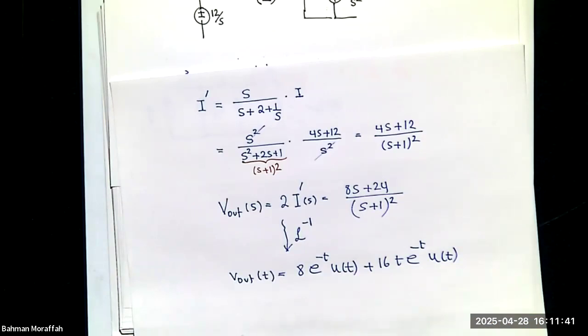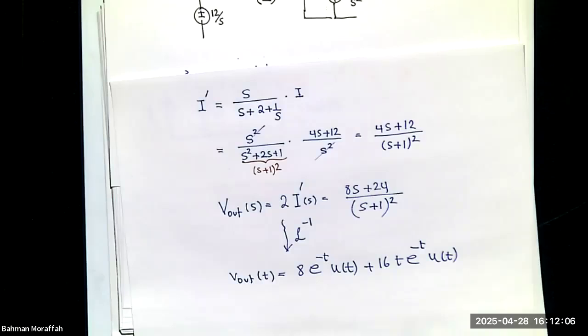Right? So as you can see, if I go from time domain to the S domain, I can certainly apply whatever method that I knew: KVL, KCL, voltage divider, current divider, superposition, source transformation, Thevenin, Norton, all the methods that we know. And we can solve the circuit in S domain, right?